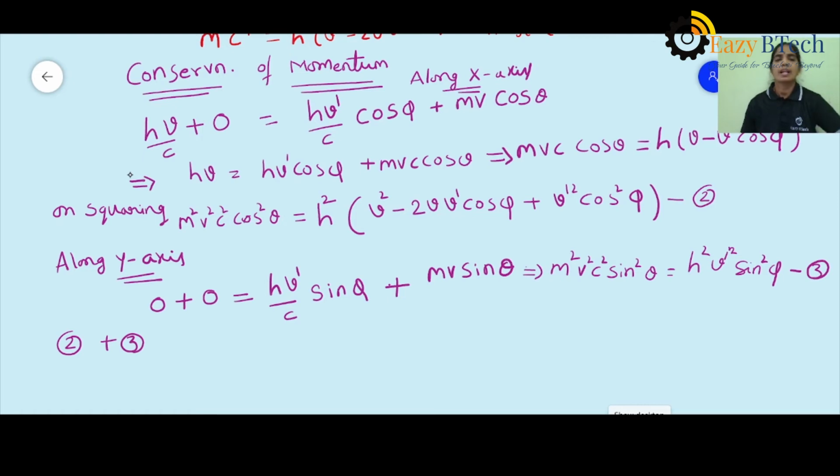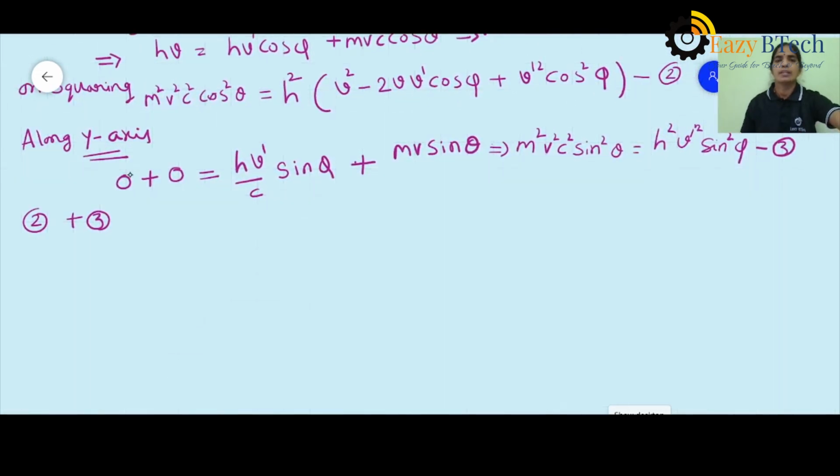So if you look at the LHS of both the equations 2 and 3, what is there? It is m square v square c square cos square theta, and this is m square v square c square sine square theta.